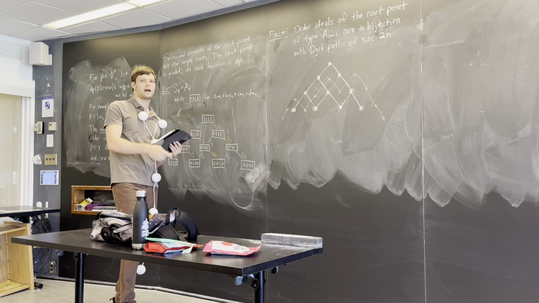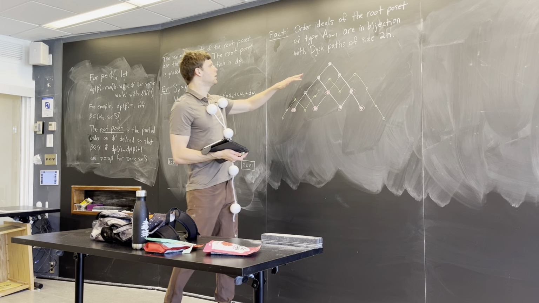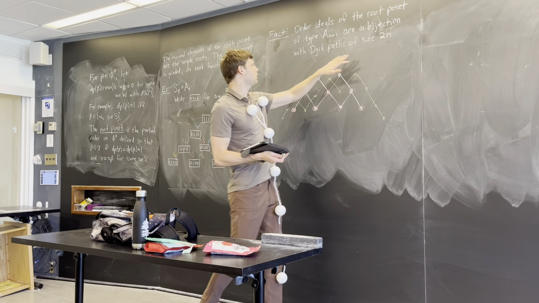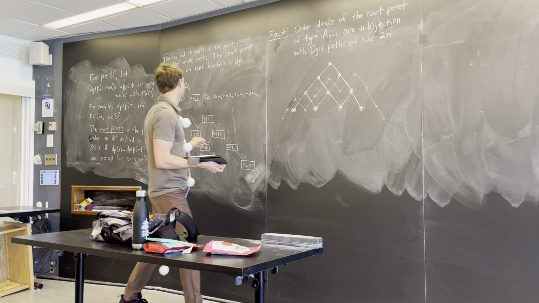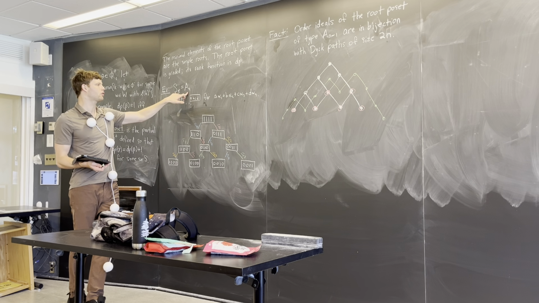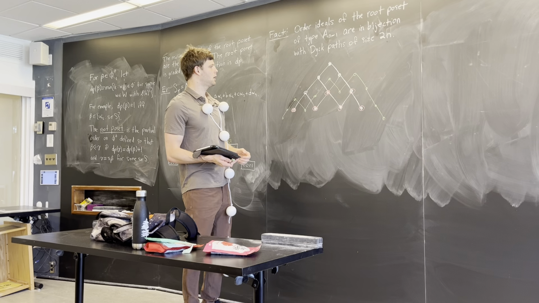And so this is some Dyck path of length 1, 2, 3, 4, 5, 6, 7, 8, 9, 10, which is 2n, because here n is 5, because I'm looking at the root poset of type A sub 5 minus 1, and so my Dyck path has length 10. And so this is the correspondence.